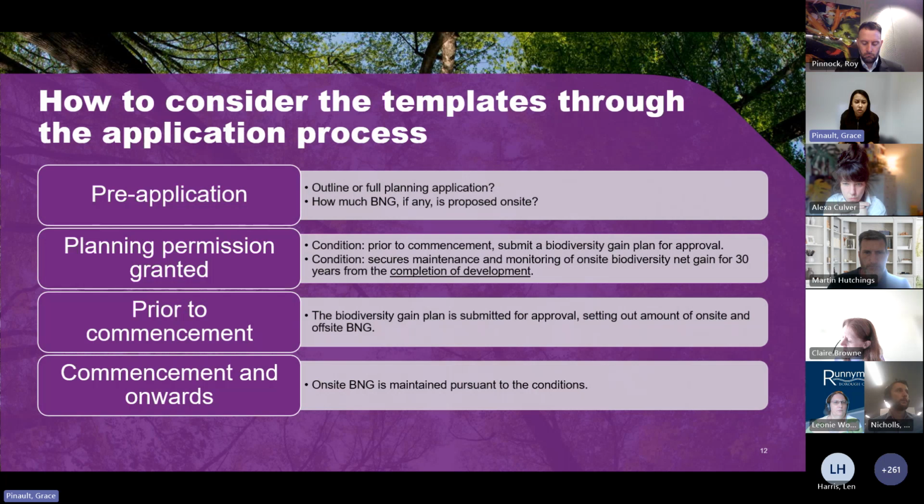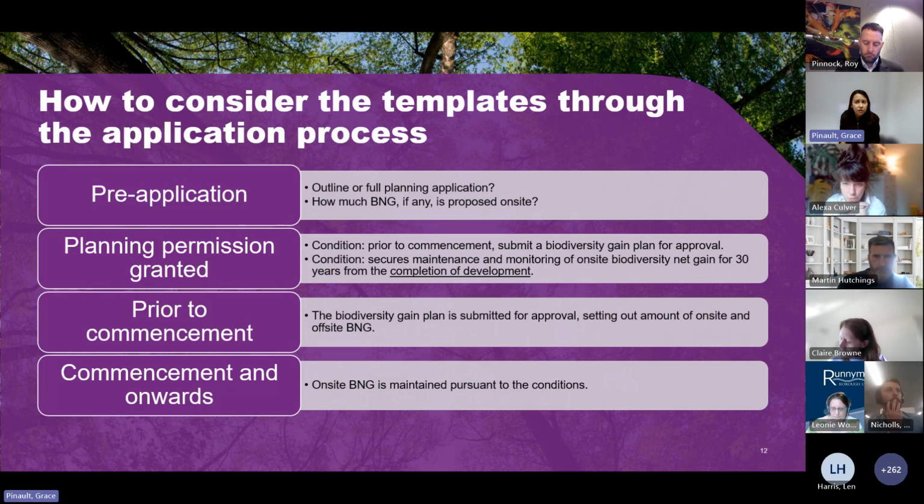There's just a lot of information in there. However, that statutory condition doesn't really secure any on-site works for a period of 30 years. So there was a need here to consider the imposition of a condition that will secure the maintenance and monitoring of on-site habitat creation and enhancement works for a 30-year period.